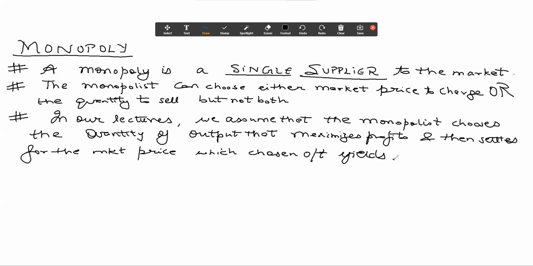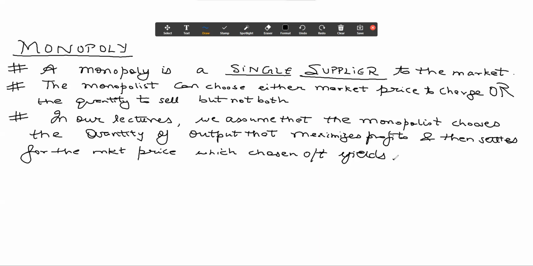That means in our lectures, we are assuming that the monopolist will choose the quantity of output which will maximize its profit. Based on how much quantity the monopolist is producing, we will determine the price charged.